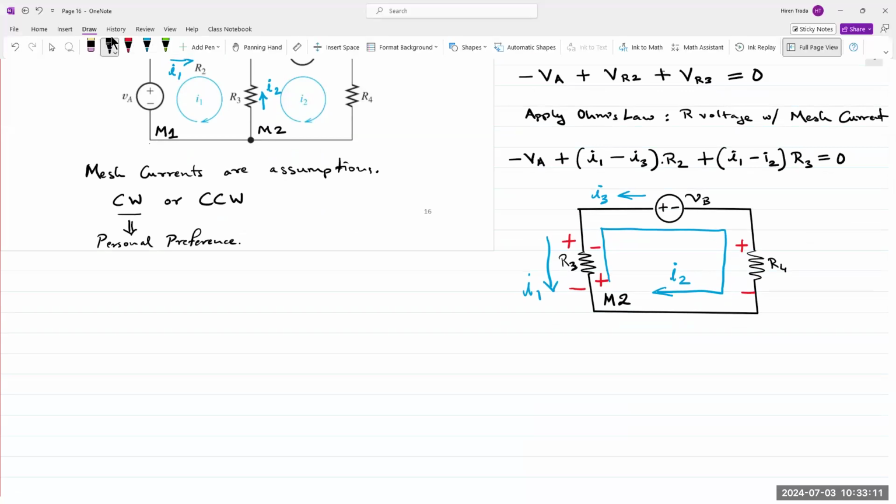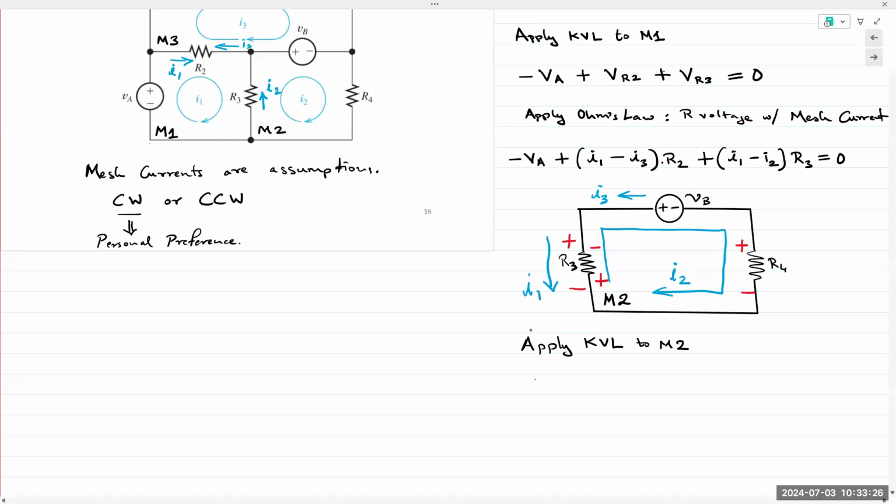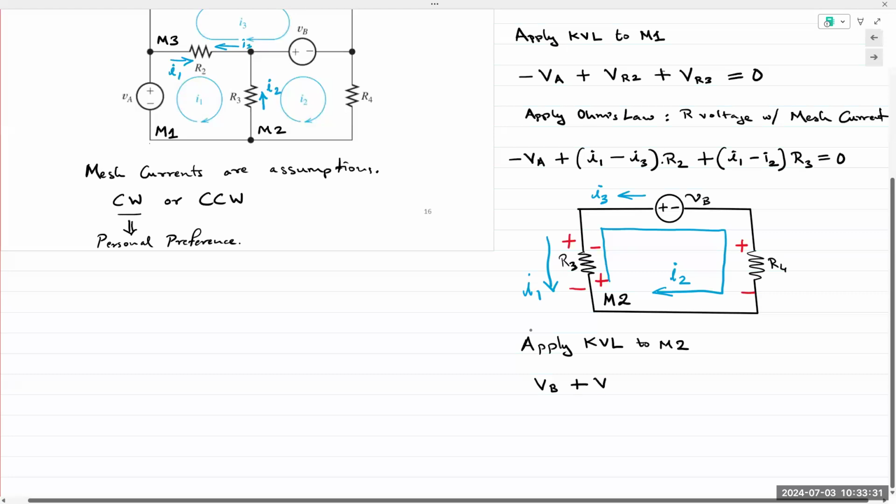Now let's apply KVL. We apply KVL. I have 3 voltages. VB plus VR4 plus VR3 sums up to 0.